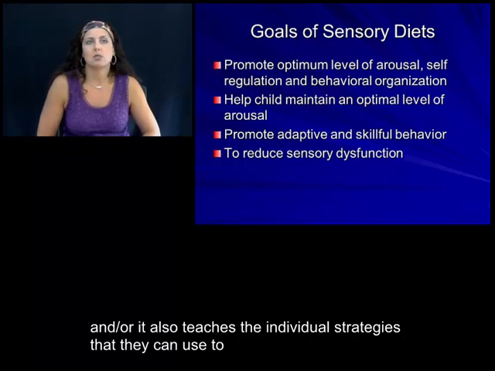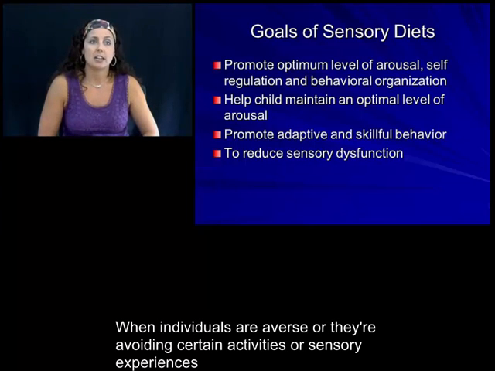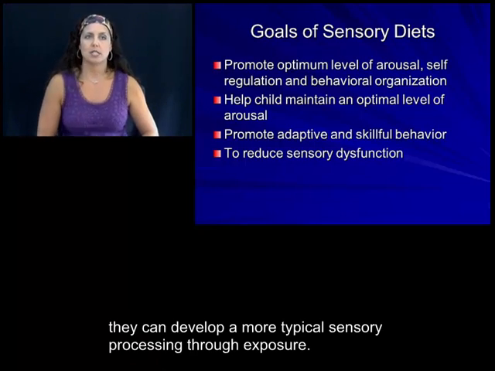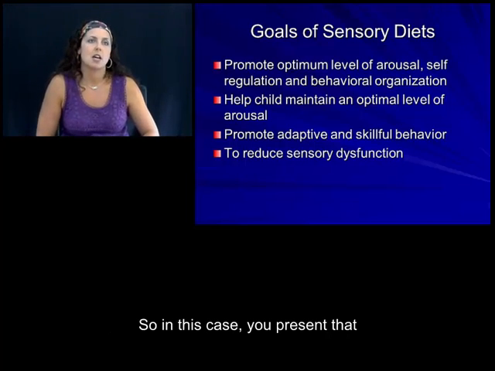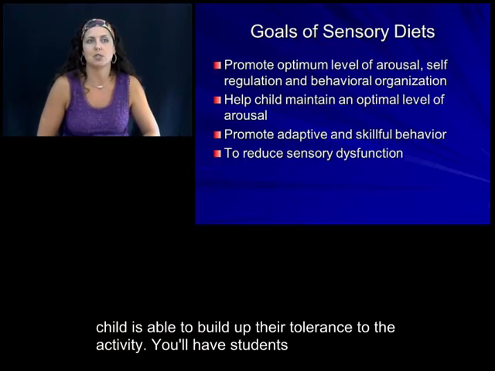It also teaches the individual strategies that they can use to obtain those sensory experiences in a more functional, typical way. When individuals are averse or avoiding certain activities or sensory experiences, they can develop more typical sensory processing through exposure. In this case, you present that aversive experience very slowly, in a very controlled, safe manner, so that the child is able to build up their tolerance to the activity.